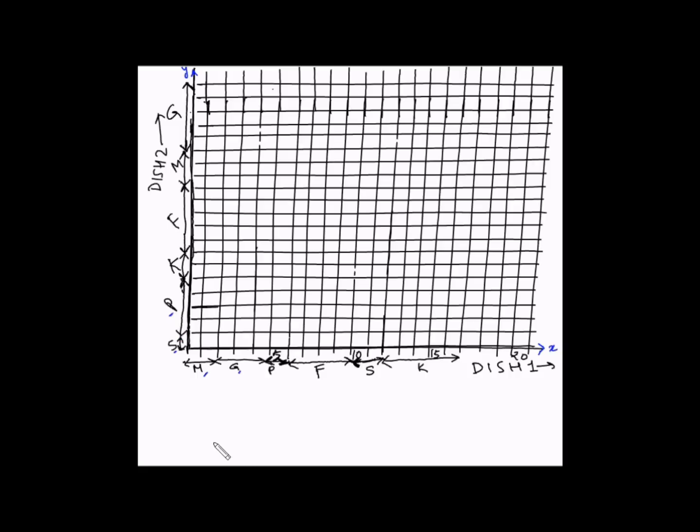So we make a rectangle corresponding to the 3 hours requirement of M along the y-axis. So this is M here, this is for 2 hours, and this is M here, which is for 3 hours. So we make a rectangle here.